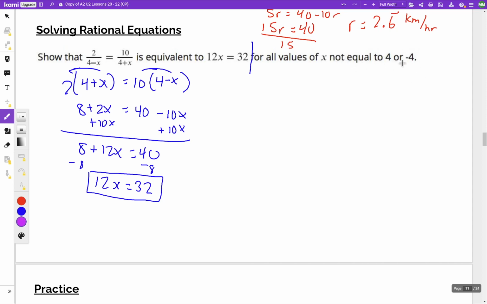In this particular case, these produce 0 in the denominator. The 4 produces a 0 here. The negative 4 produces a 0 here. So it doesn't matter which one. You get a 0 in one of them. So this expression is equivalent to this, except for here.